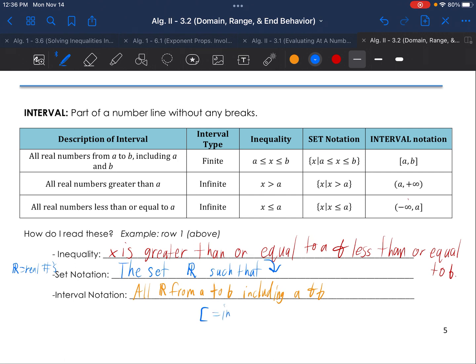And like I talked about earlier, I want to note that the bracket means that it includes the number, and the parenthesis means that it does not include the number. I forgot a U there.